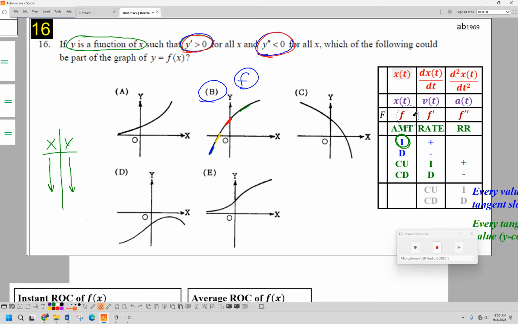You're good. So as I read, they tell me y is a function of x. That says there is a set of xy pairs that we're talking about. Good with that? Cool. It says for those xy pairs, the rate at which those xy pairs change, that's the symbol y prime, is always positive.